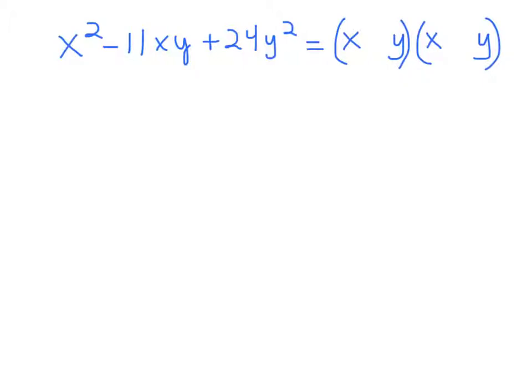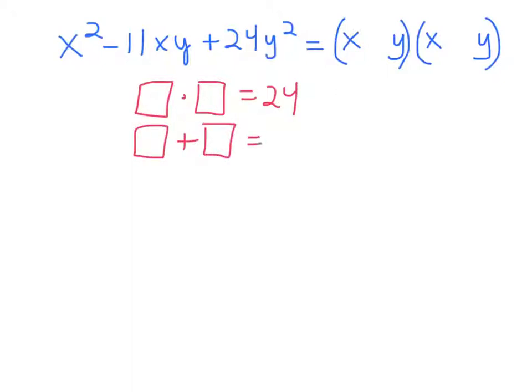And then we'll still need to solve the same puzzle. So we're looking for two numbers that multiply out to equal 24. And those same two numbers have to add up to equal -11. And you should be able to realize that the only way two numbers can multiply out to equal a positive answer and add up to a negative answer is if they're both negative.